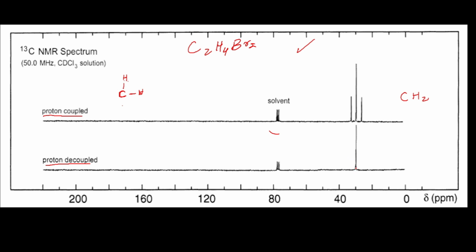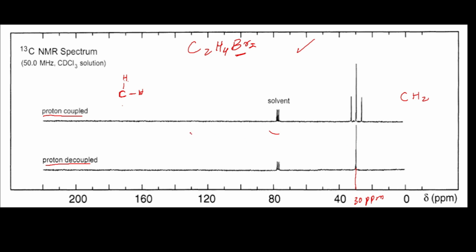Now if you see the chemical shift value here, it comes at roughly 30 ppm, and you know that a bromine atom is present in your structure. So this peak is due to carbon atoms that are directly attached to bromine atoms. You know that only two carbons are present, four hydrogens are present, and bromine is present, and the two carbons are of the same chemical environment because they have the same chemical shift value.